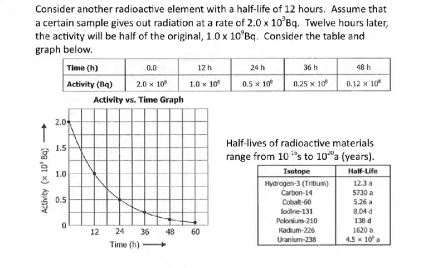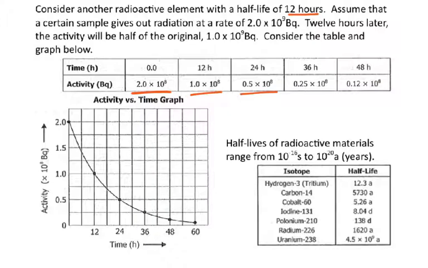If we take a different element that has a half-life of 12 hours, just a little bit easier to graph out, we can take a look at the activity and the way the time goes. So if at 0 hours this element had an activity of 2 times 10 to the 8 becquerels, after 12 hours it would be 1 times 10 to the 8, 24 hours would be 0.5 times 10 to the 8, and so on.